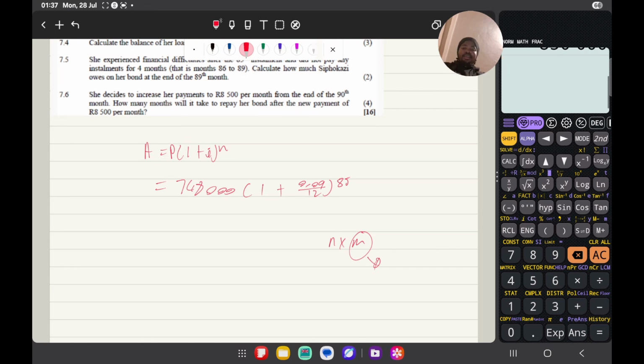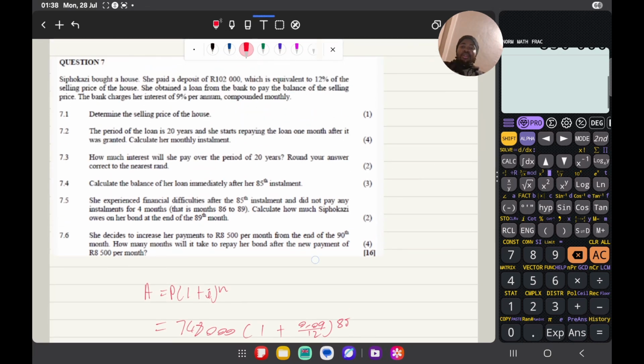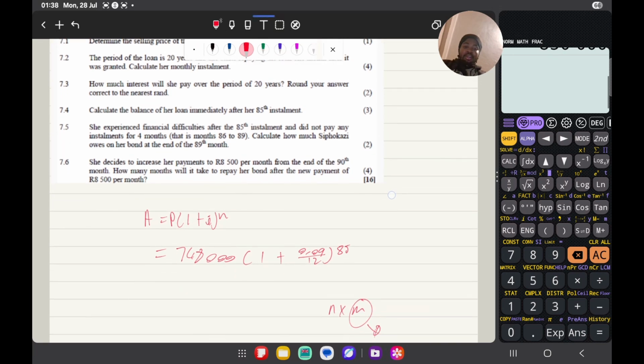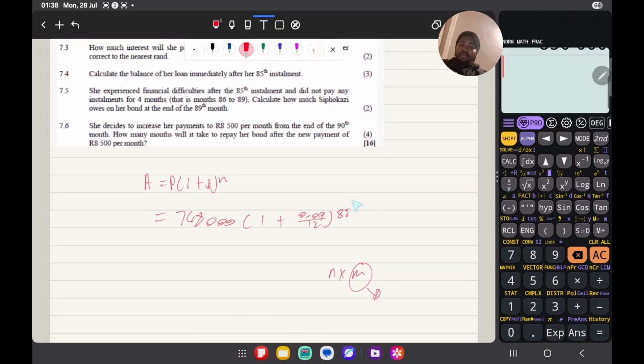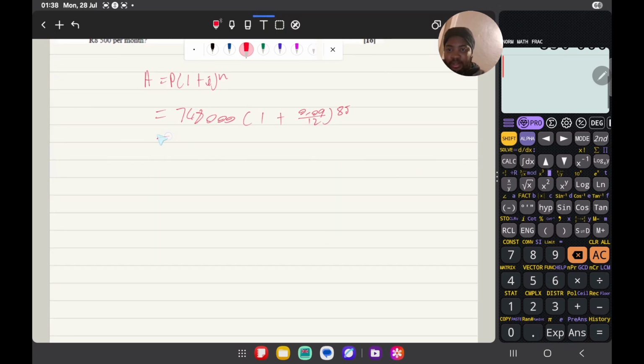In our case, the interest is compounded monthly, so you gain the interest 12 times a year. So this becomes the number of months, so we just leave it here. We're not going to do anything to it. Also, like from our previous calculations when we did 20 times 12, this is the number of months the interest was compounded. But yeah, calculator, do your thing, bro.